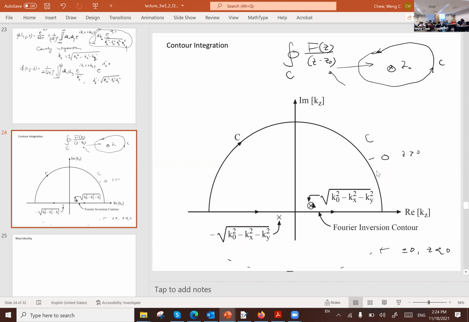So for z larger than 0 and z less than 0, you can pick up the pole locations differently.